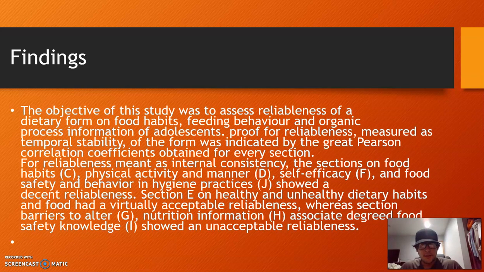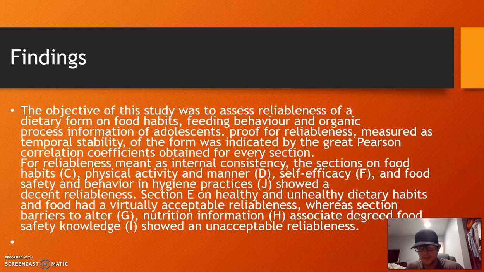The objective of the study was to assess reliability of a dietary form on food habits, eating behavior, and nutritional knowledge of adolescents. Proof for reliability measured as temporal stability of the form was indicated by the great Pearson correlation coefficients obtained for every section. For reliability meant as an internal consistency, the sections on food habits, C, physical activity and lifestyle, D, self-efficacy, F, and food safety behavior and hygiene practices, J, showed a decent reliability.